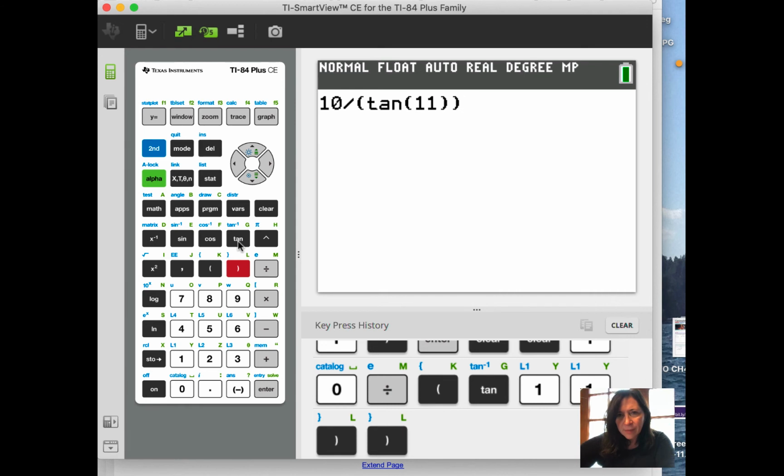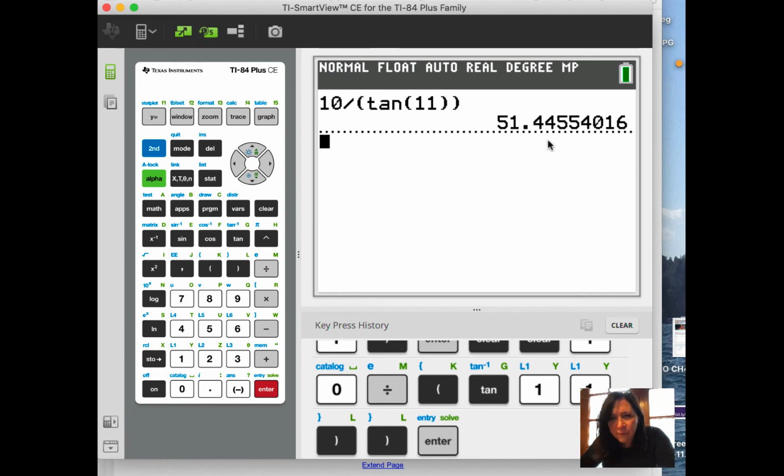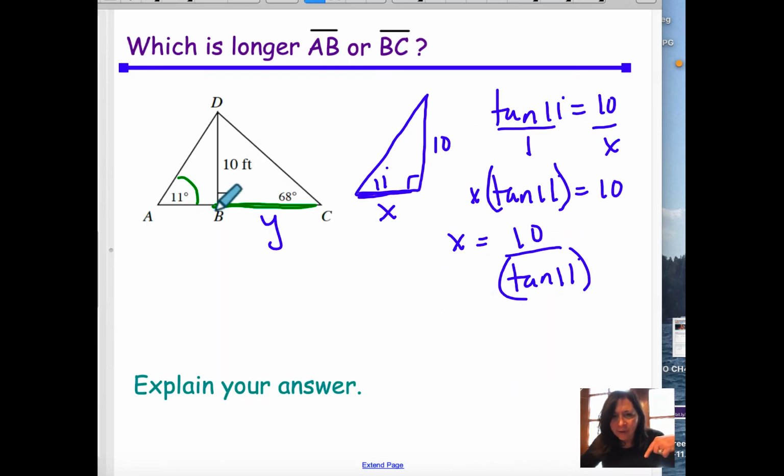Secondly, if I had done that and I knew that this was 22 degrees, additionally, 90 minus 11 is 79 degrees. So this angle up here is 79 degrees. What that means is that you should know that the side opposite the smaller angle is always going to be smaller.